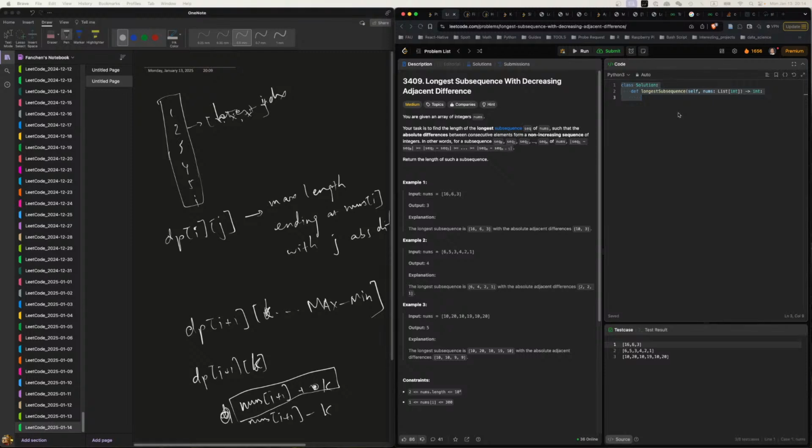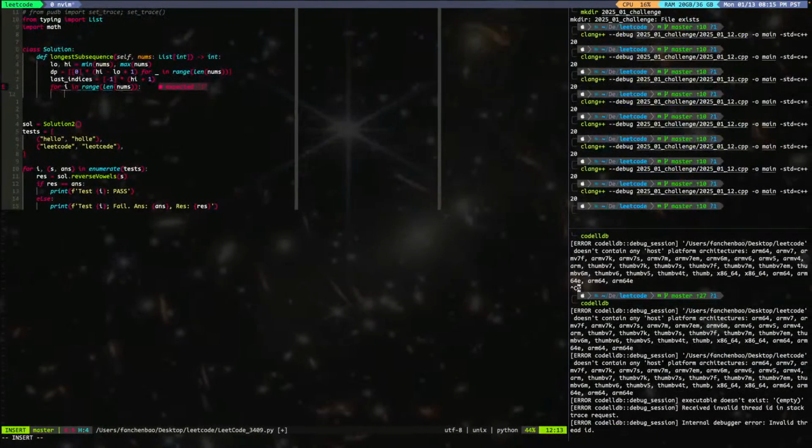The sequence is always 1, right? Actually, I'm not sure. Can we have... Oh, length at least is 2. Okay, length is at least 2.